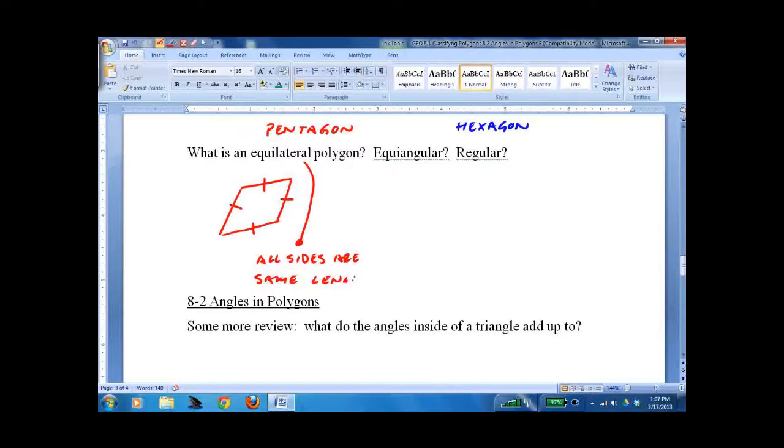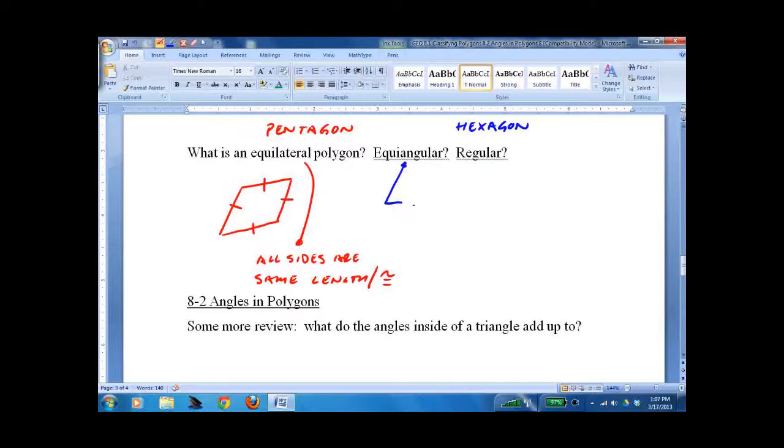All the sides are the same length, or as we say in geometry world, they're congruent. Equiangular. And by the way, this is a rhombus or a quadrilateral. Could be anything. Could be pentagonal. You can make all sorts of equilateral of different number of sides. Could even make a three-sided equilateral called an equilateral triangle.